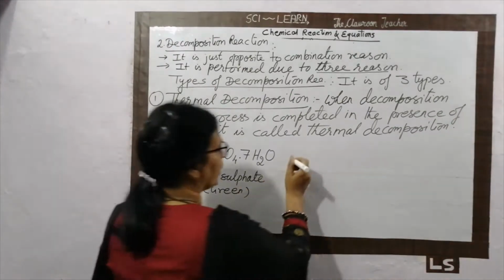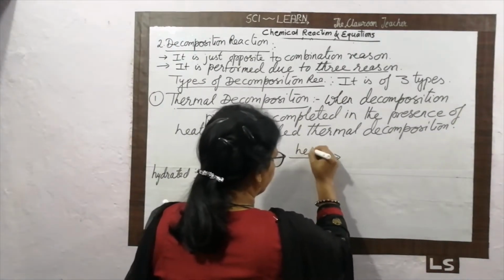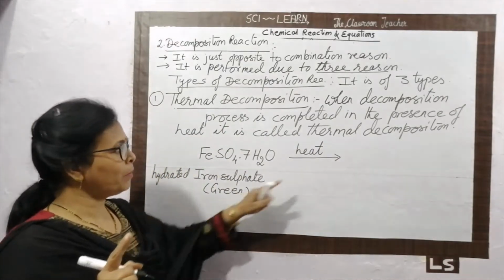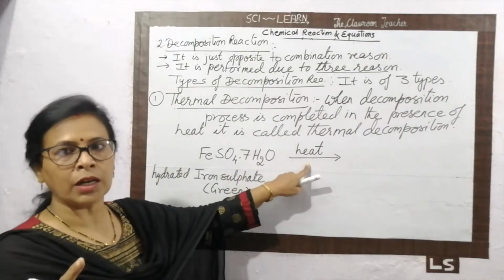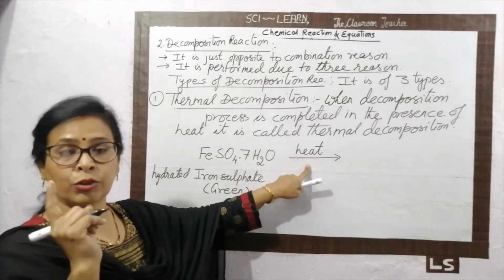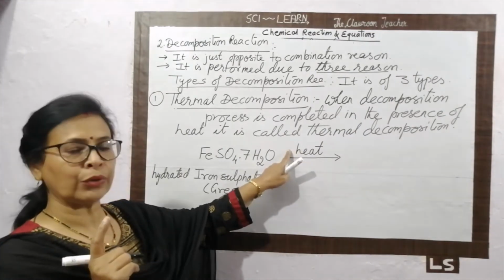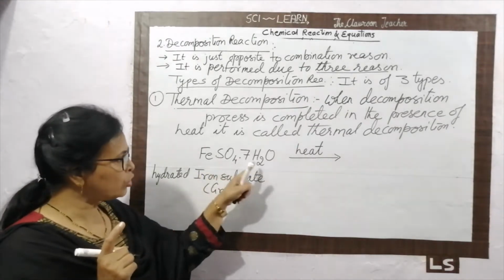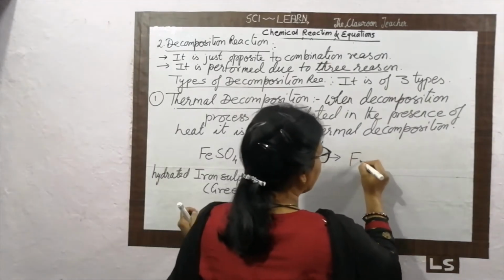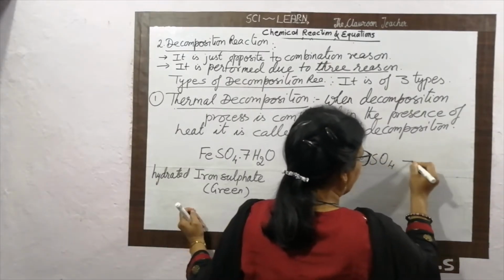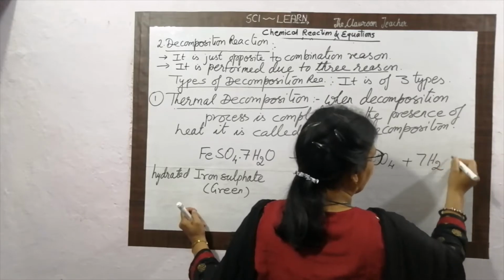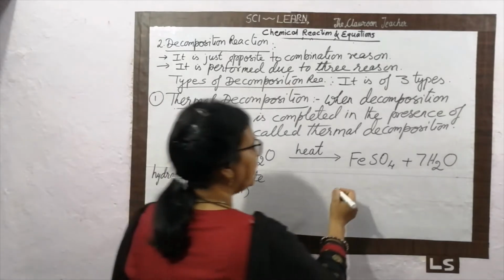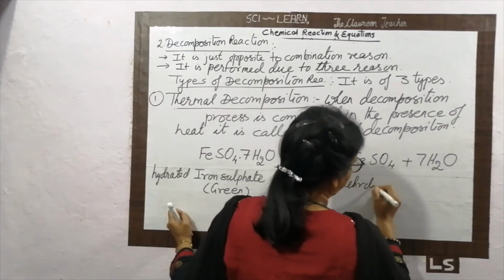We are going to provide heat. We have made our equation informative by mentioning the condition here, just as in photosynthesis we write chlorophyll and sunlight. Here heat is needed. When we heat this salt, the water present in it evaporates. The 7 parts of water are released, and the hydrated iron sulfate becomes dehydrated iron sulfate.